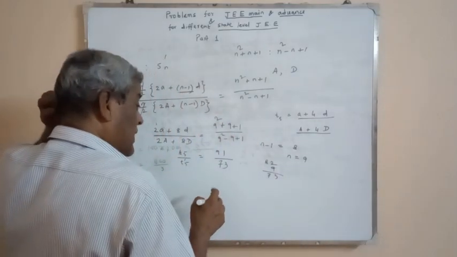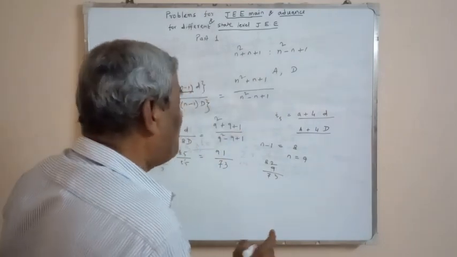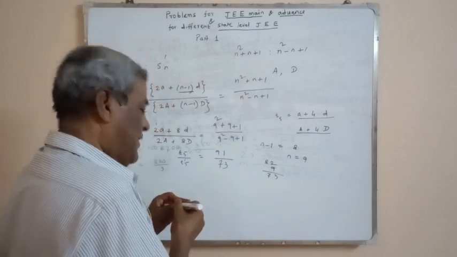So our answer is 91 is to 73. Oh, I have forgotten to give the options. It will be 91 is to 73.